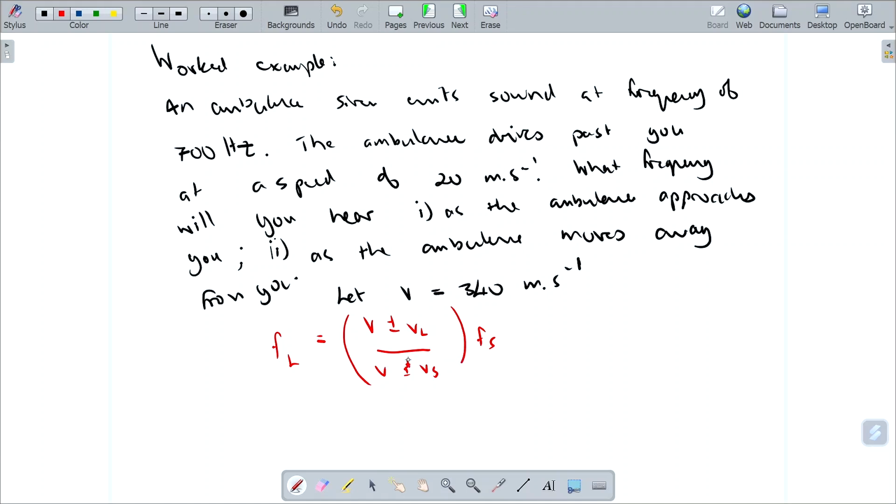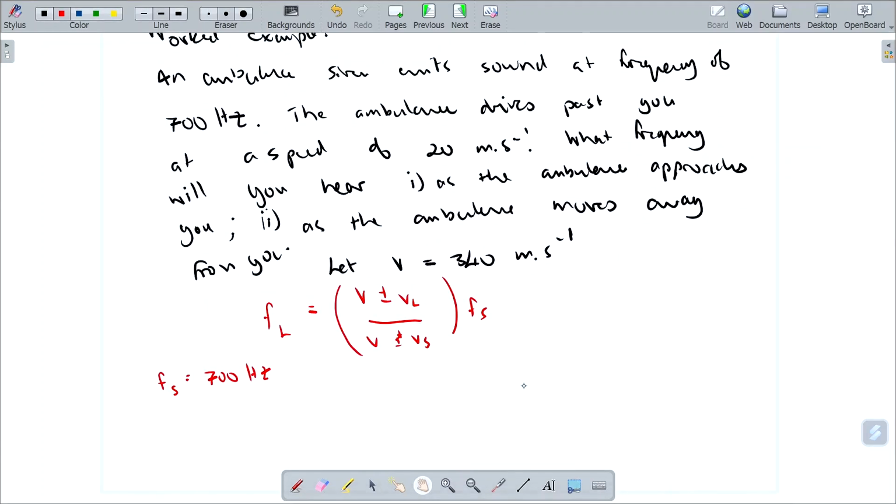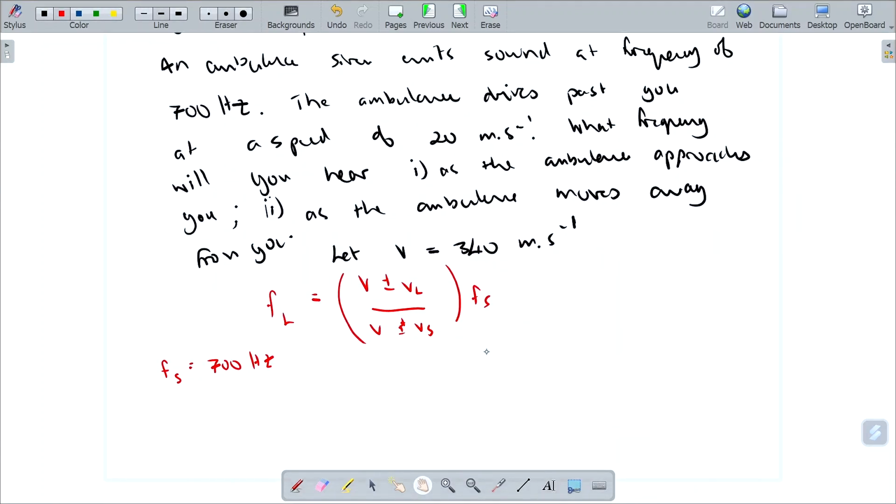So let's write down the information that we've got. The ambulance, which is the source, has a sound with a frequency of 700 Hertz. The speed of sound in air is 340 meters per second. You are the listener, but you are stationary, so your velocity is equal to 0 meters per second.